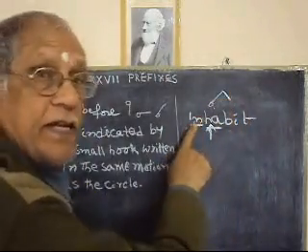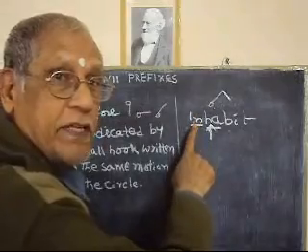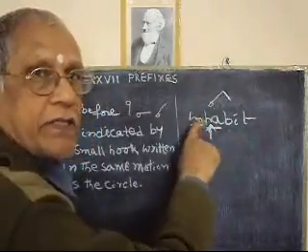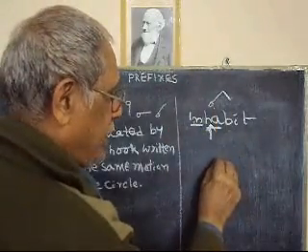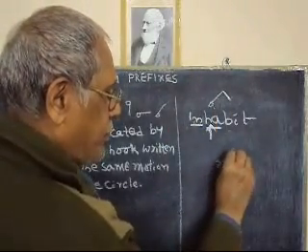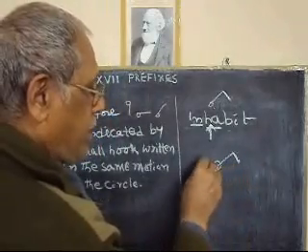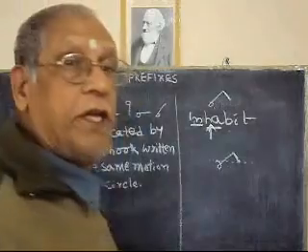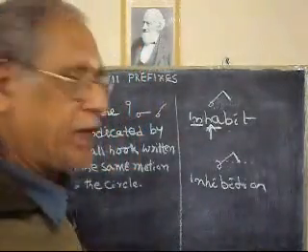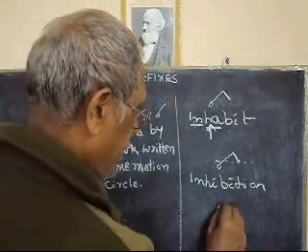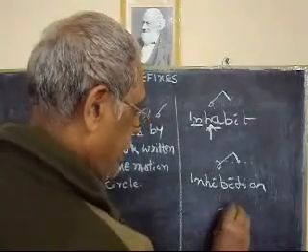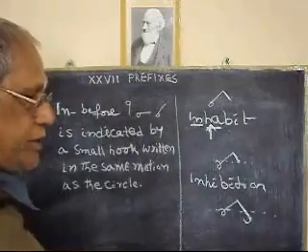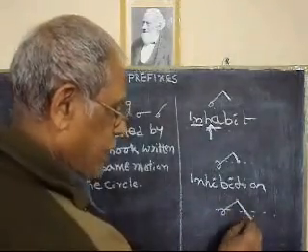Now this prefix in is represented by a small hook written in the same direction as the circle. See. Like this. Inhabit. Inhibition.